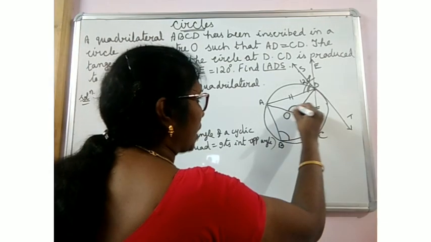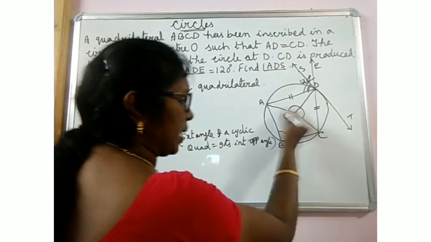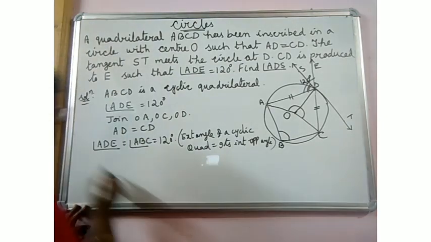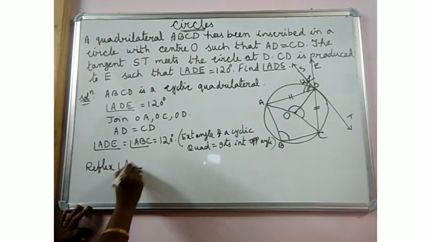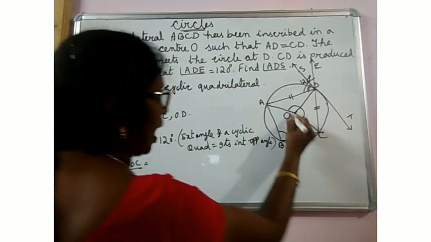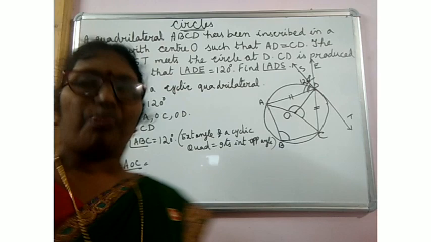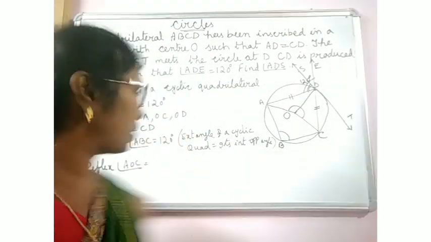That means angle AOC, that is reflex angle AOC, is equal to twice this angle. For this angle we say angle AOC, but this is reflex. You know that if the angle is more than 180 degrees, it is said to be a reflex angle.